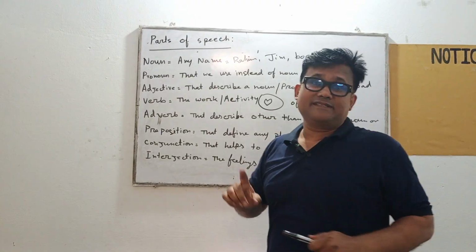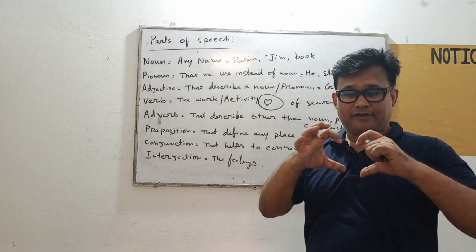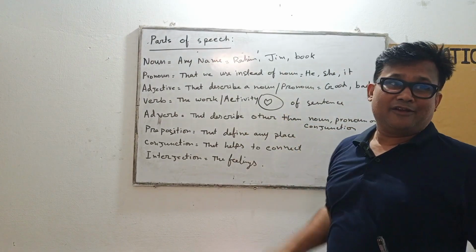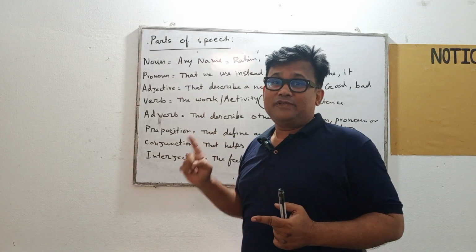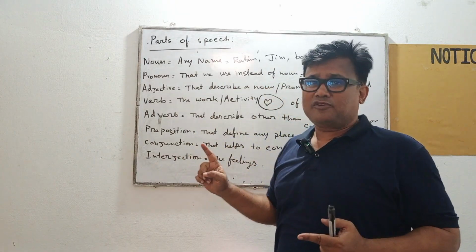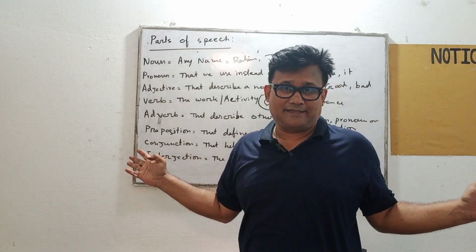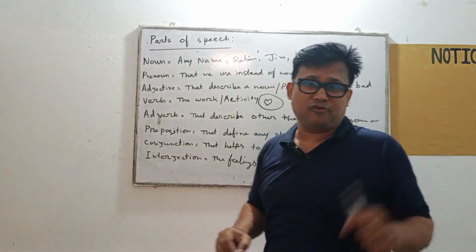Without verb, a sentence is not possible. So, see, I have given a mark beside the heart. We have to keep in mind that without verb, no sentence is possible to form. Without life, a human is nothing. Without verb, a sentence is nothing. So, verb is very important to know.